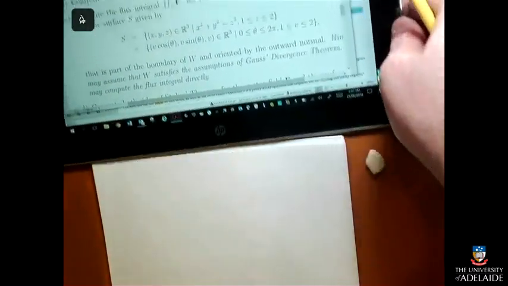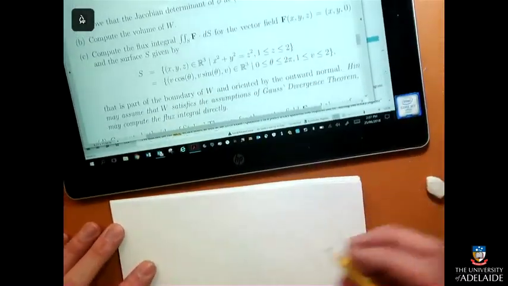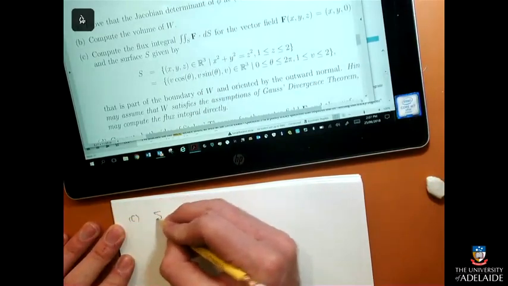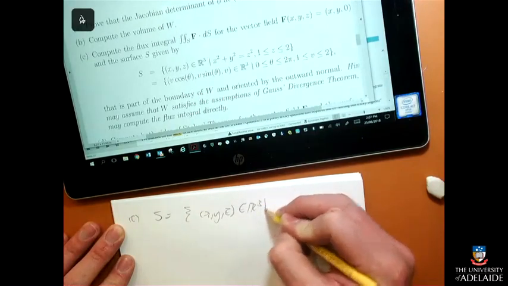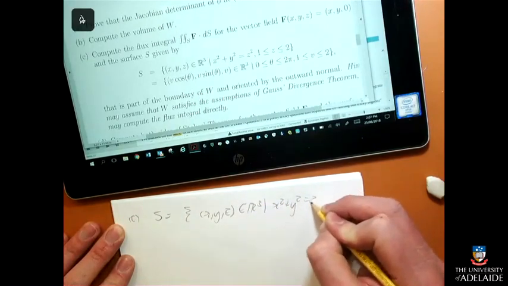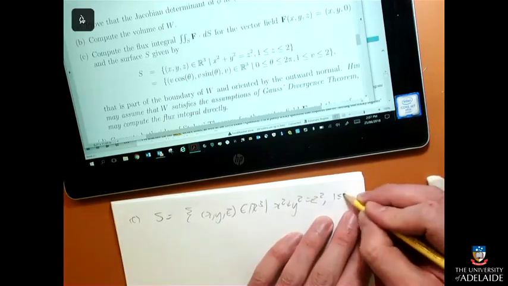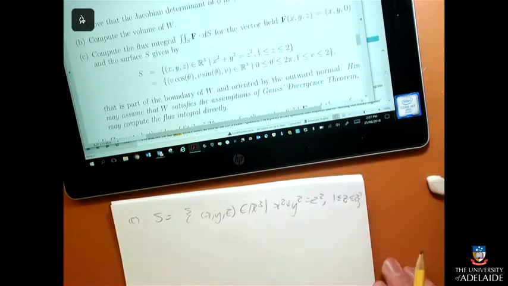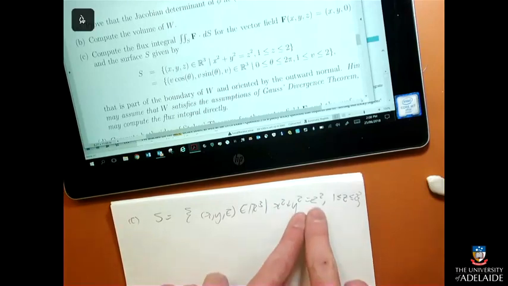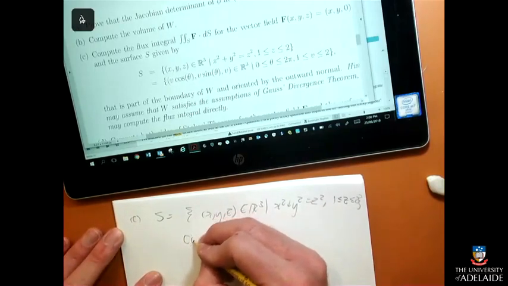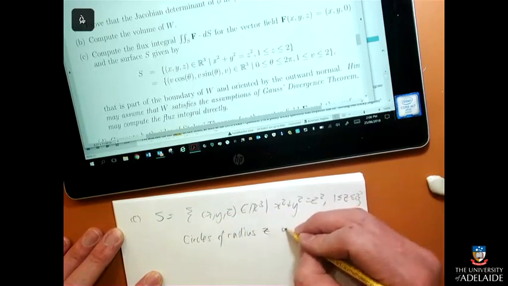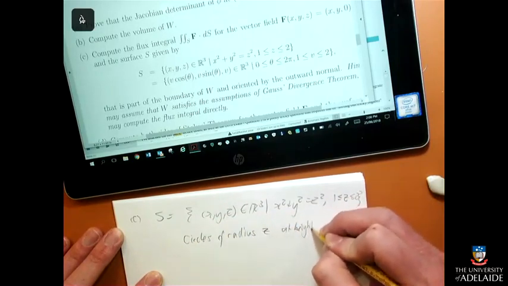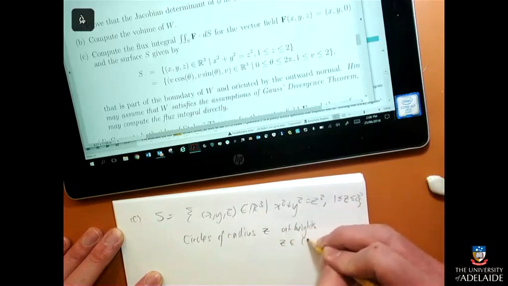Okay, so let's just think about this thing. Let's see, S is... okay, so we already went through a lot of thinking about what it was when it was equal to Z. And when it's equal to Z, it's a circle, so I get circles of radius Z at heights Z between 1 and 2.